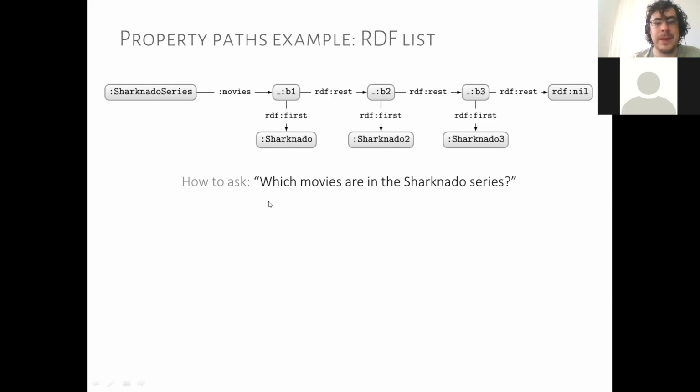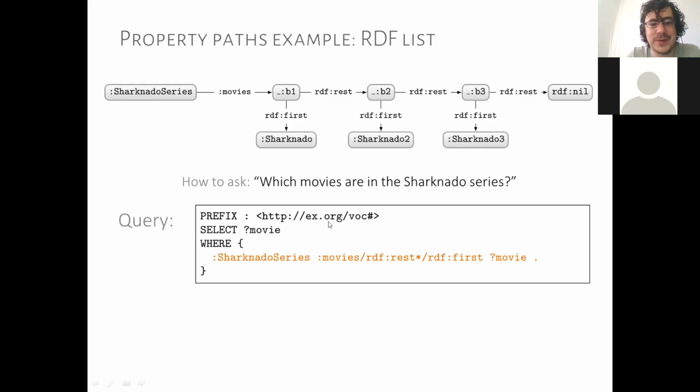So which movies are in the Sharknado series? How can we query for this using property paths? We can use the following query here, which says, okay, starting from Sharknado series, follow one movies edge. And then follow 0 or more rest. And then follow first.